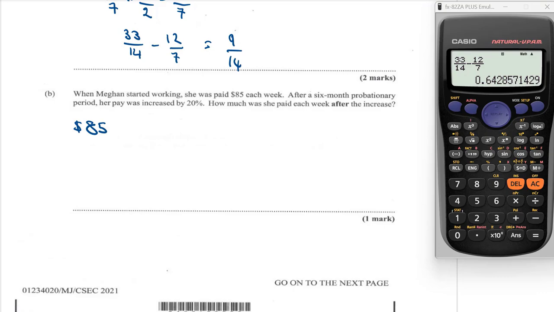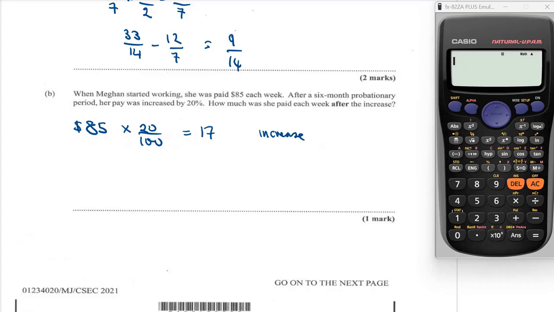So the increase now, we're going to multiply this by 20 over 100, that's 20%. So go ahead and put in our calculators, 85 times 20 divided by 100, that's going to give me 17. That's the increase.